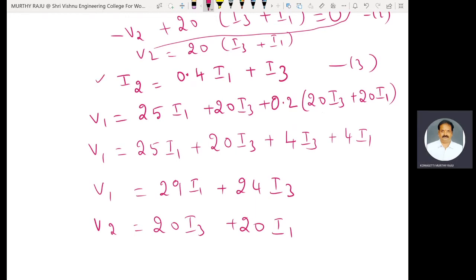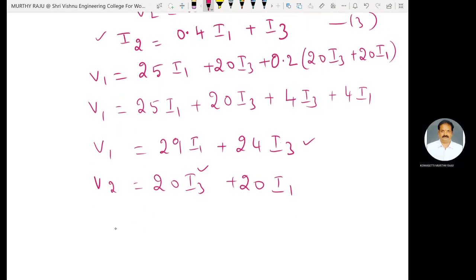But one more important equation is the I2, I1, I3 relation, is here in both the cases. This I3 is replaced with I2 minus 0.4 I1. I3 is equal to I2 minus 0.4 I1, substitute in both the equations.